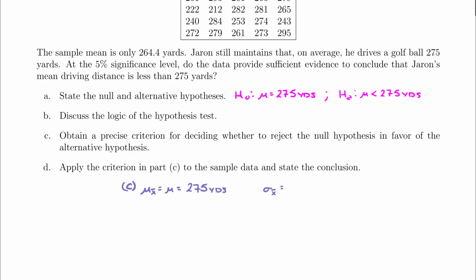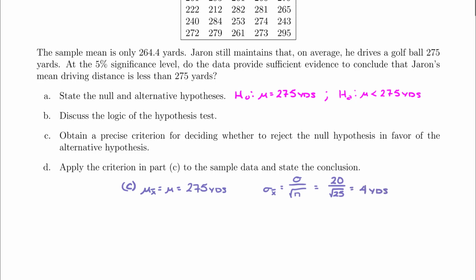And the standard deviation of the sample is going to be represented by the population standard deviation divided by the square root of the sample size. I did not indicate it in the problem, but just like yesterday, we're going to assume that the population standard deviation is still 20 yards. So in our case, we're going to have 20 over the square root of 25.